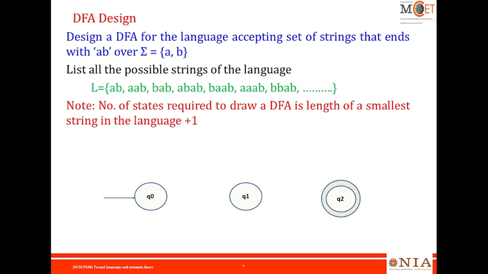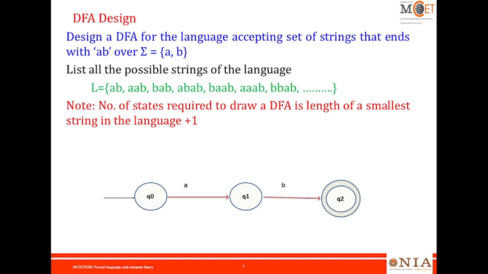Next, we take the first string, which is AB. The first input is A. Now we apply the transition function with input symbol A on state Q0. So δ(Q0, A) = Q1.